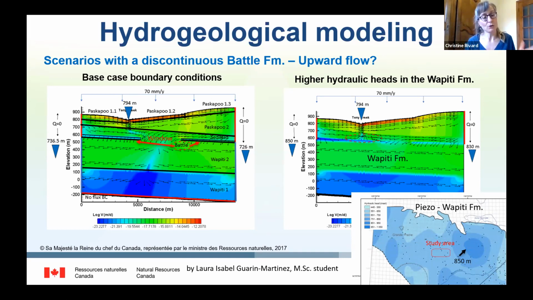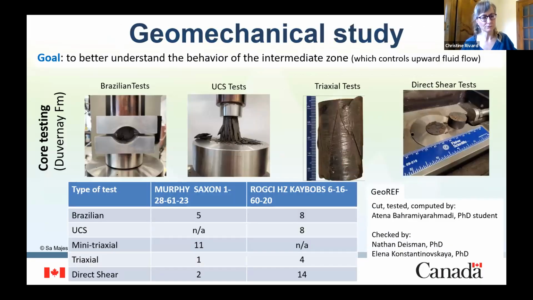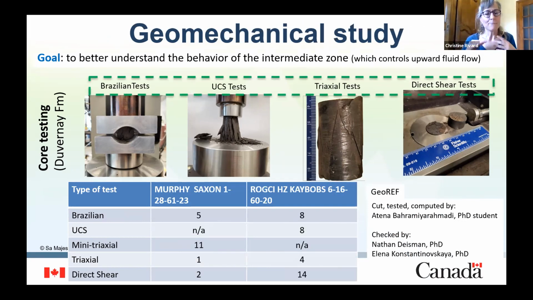A two-dimensional coupled surface water, groundwater model and a 3D hydrogeological model are currently under development. The geomechanical study aims at a better understanding of the behavior of the intermediate zone that plays a major role with regards to upward fluid migration. Many different types of geomechanical tests were performed last year on 53 core samples from 2 oil and gas wells.